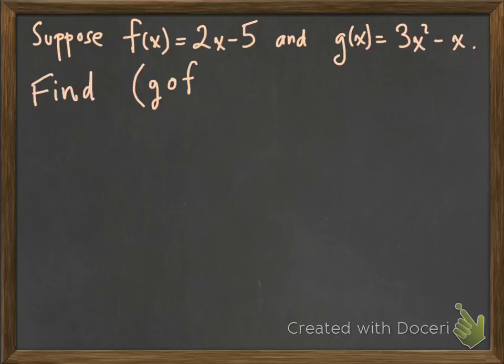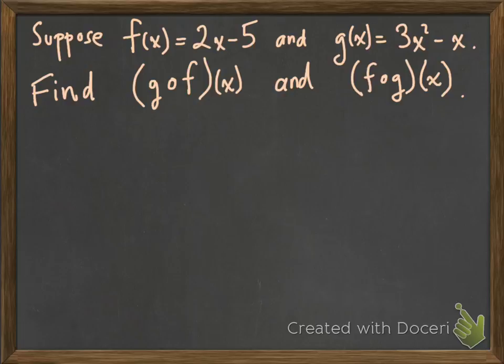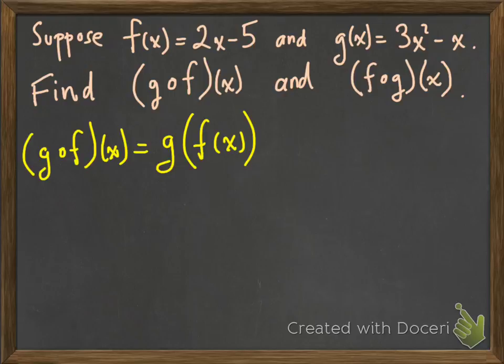And what we're going to do here is find g circle f of x and f circle g of x. Okay, so we're using this circle notation here in this video. But of course, g circle f of x is really just another way of saying g of f of x. So you can certainly think of it that way, and it's nice to do that because then you can clearly see that f of x is being used as the input into g of x.